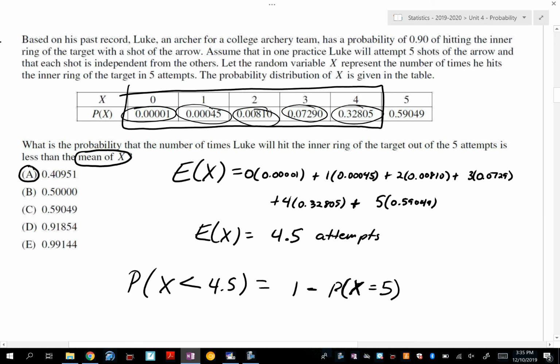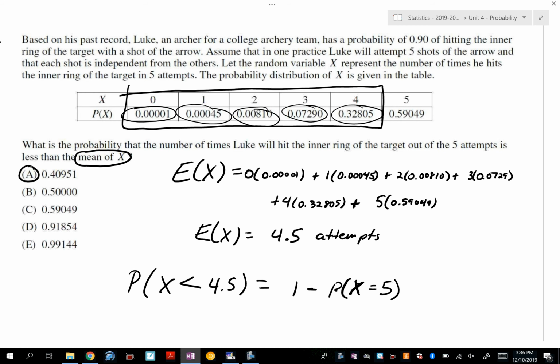Yes, sir, question? Why did you switch that? What did I switch? Like the .59 is less than 4.5. Are you talking about this right here? Why isn't it 5?